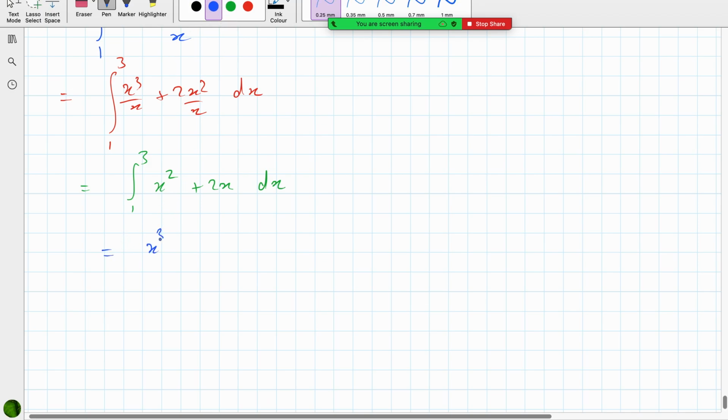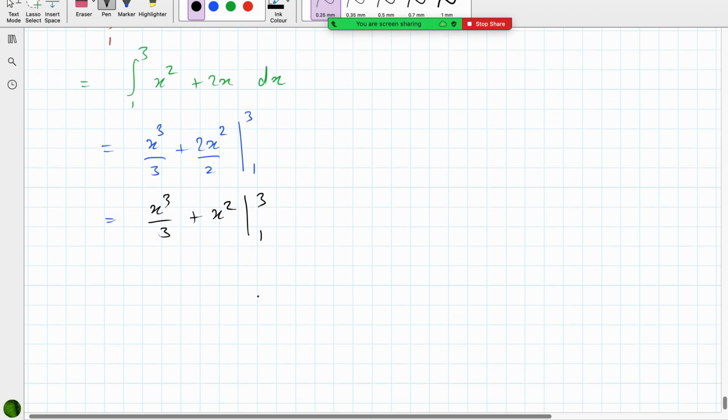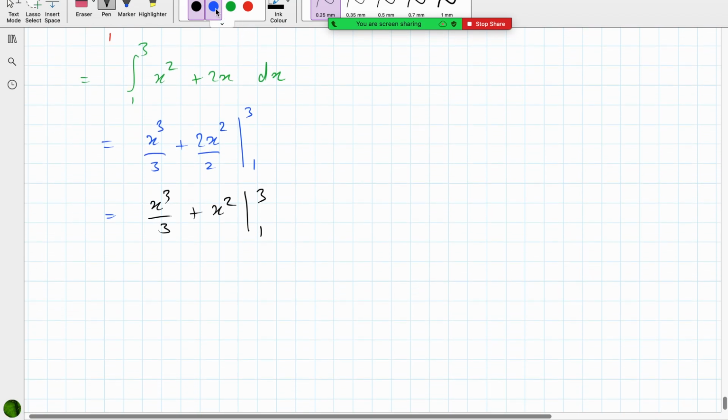Integration is power plus 1 divided by new power, plus 2x square, power plus 1 divided by new power, from 1 to 3. Now this is being integrated. Simplifying it before I substitute the values. Now upper limit minus lower limit.